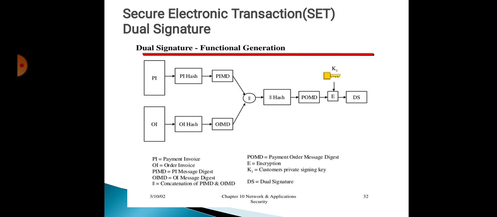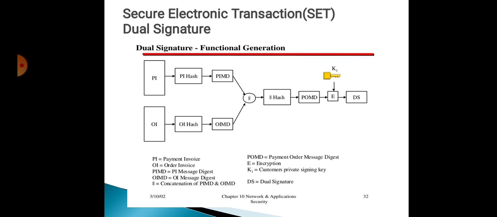They are for different receivers, and they are concatenated, hashed with the hash function, and sent to encryption. It is encrypted with the private key and gives the dual signature.